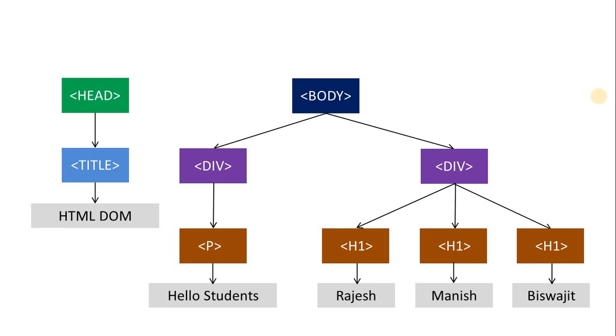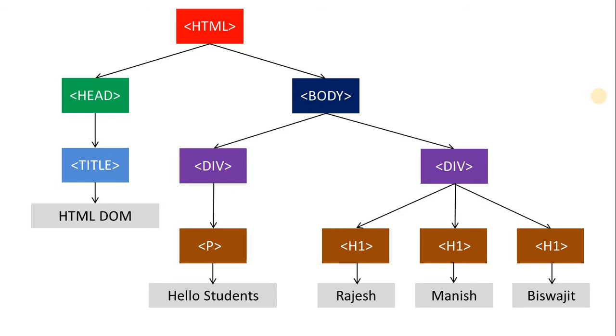Now you can see we have body, inside the body we have the div element. Body is also an HTML element, div is also an HTML element, and inside div we have paragraph and h1 heading. So you can see this is a nested structure. What is the root element? HTML, that is the root tag, right? Inside the HTML there are two parts. One is the head part, the other is the body part.